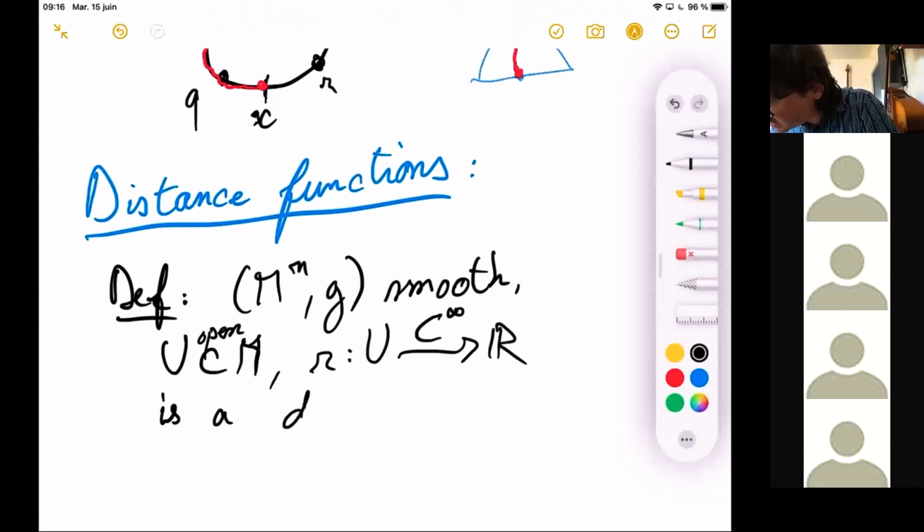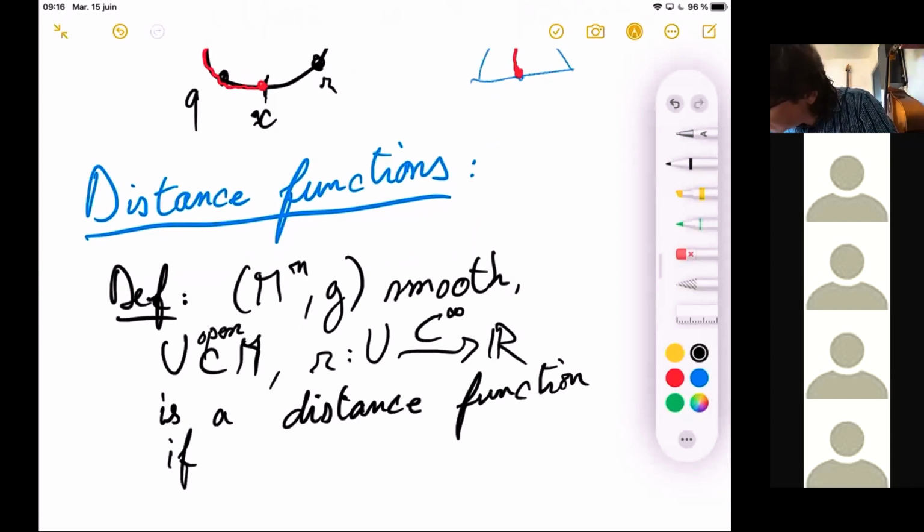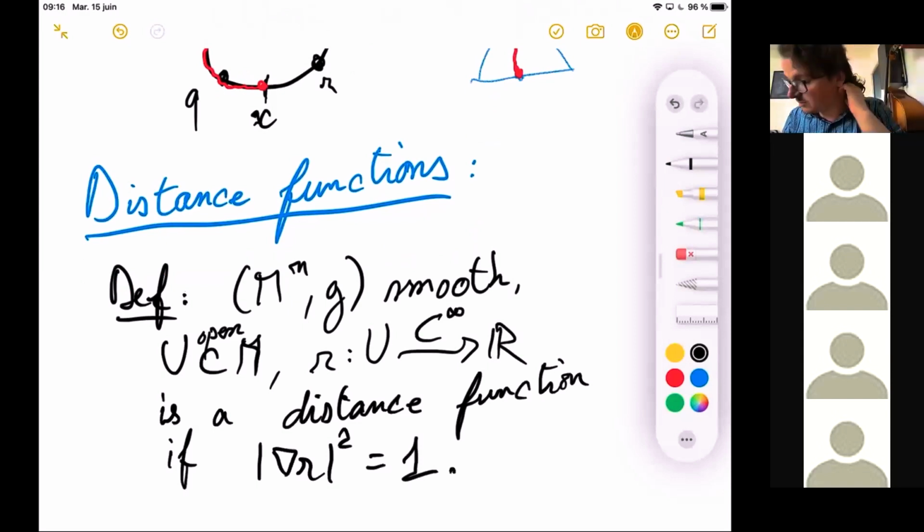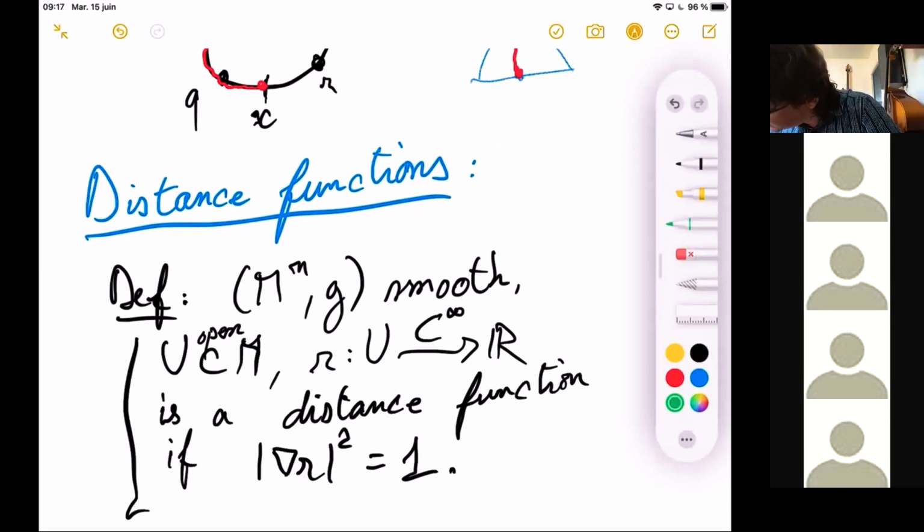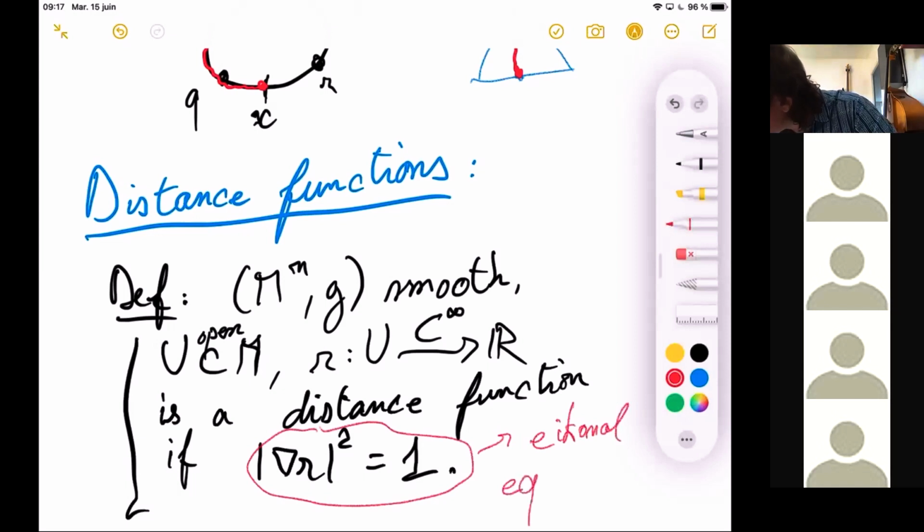We say it is a distance function if it satisfies the following relation: the norm of the gradient squared is constant, equal to 1. This is called, like in the PDE realm, the eikonal equation, if I'm not mistaken.